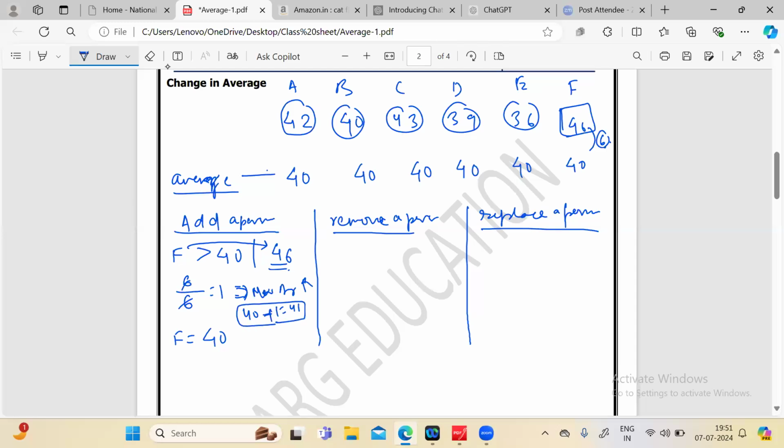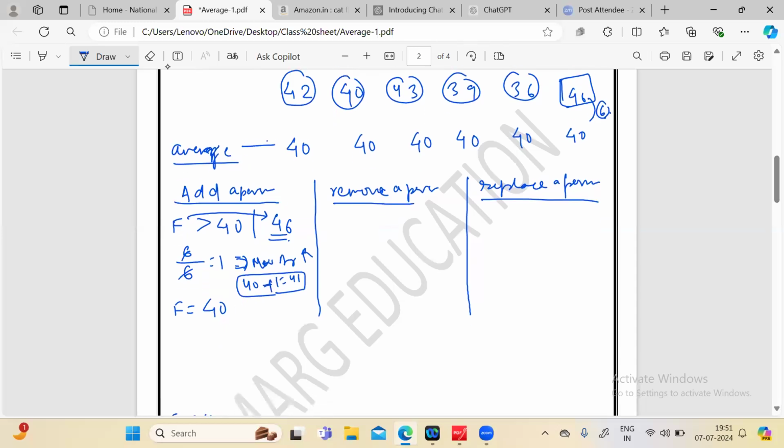This will be your new average. So just remember, or rather, try to understand that if anyone joining the group has an age greater than the average, the extra value will be given to all the observations, all 6 observations, because now there are 6 observations.